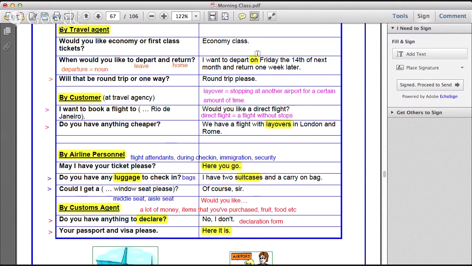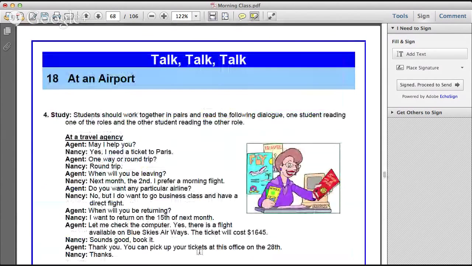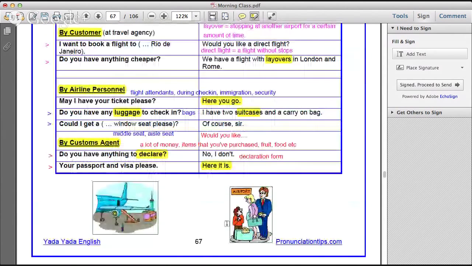Any questions about any of these words or phrases here? Nope. Okay. Let's continue down here. What's the meaning of customs? When you are flying or traveling between countries, you have two places that you have to go through.